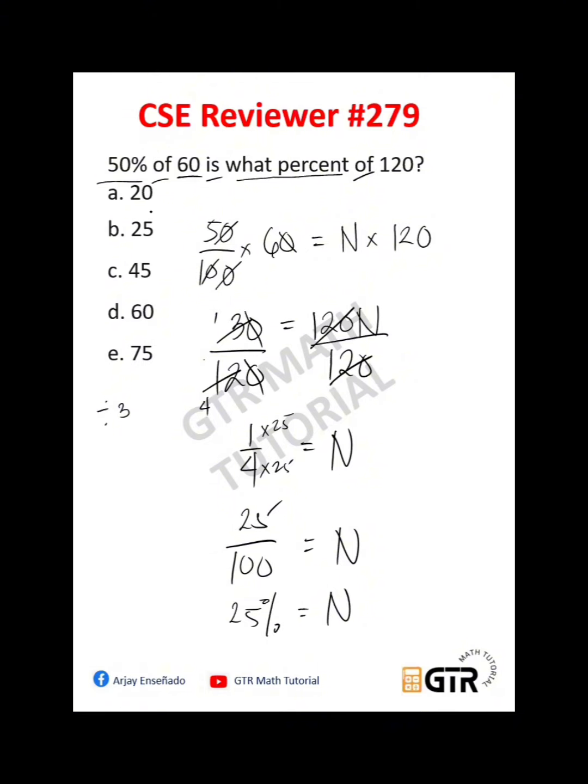The answer is letter B, 25%. Or another solution is just divide 1 divided by 4 and then we will get 0.25. If we do that, we have 25 times 4, that is 100. 0.25 in percent is 25%.